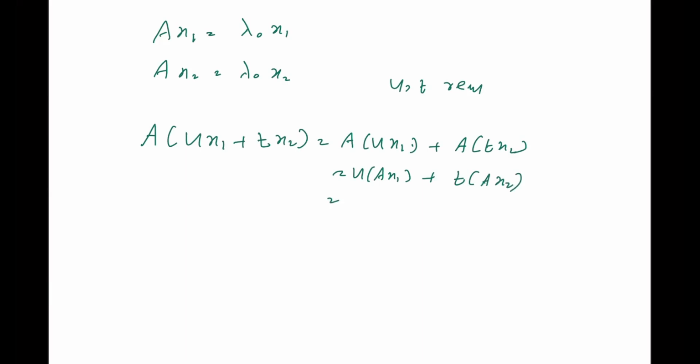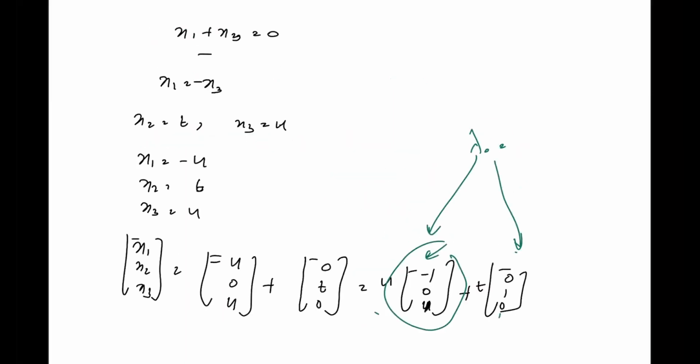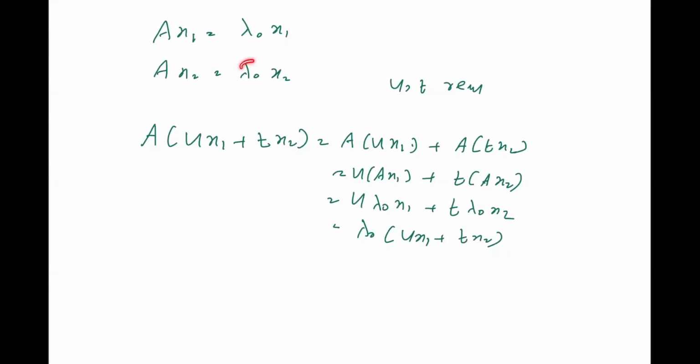Then you can write this as u times lambda naught x1 plus t times lambda naught x2. So you can take lambda naught out, and this is actually u x1 plus t x2. It means if you have one eigenvalue but two vectors as a solution, any linear combination of these two eigenvectors has the same eigenvalue. You got the point?